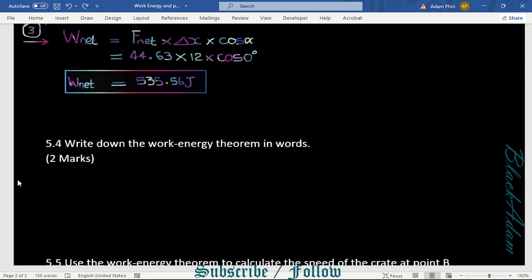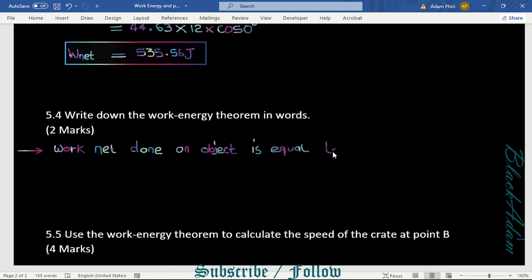Next, the definition of the work energy theorem: the net work done on an object is equal to the change in kinetic energy of that object.